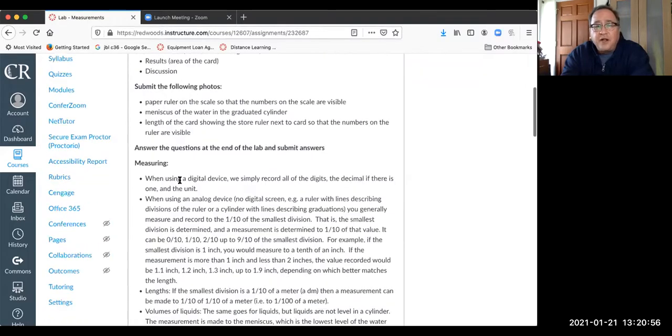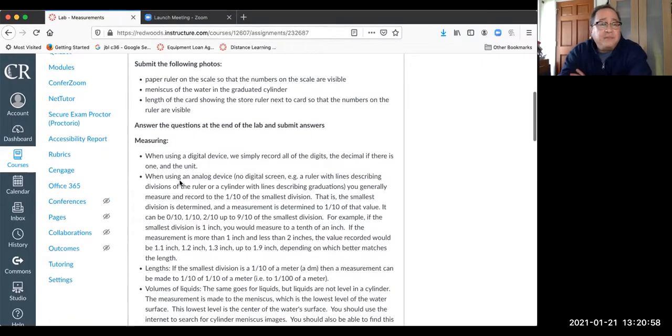You want to submit the following photos of your lab: the paper ruler on a scale so that the numbers on the scale are visible, the meniscus of the water in the graduated cylinder, the length of the card showing the store ruler next to the card so that the numbers on the ruler are visible. So you're going to submit 3 photos along with your submission for this particular assignment. And you're going to answer the questions at the end of the lab and submit answers.